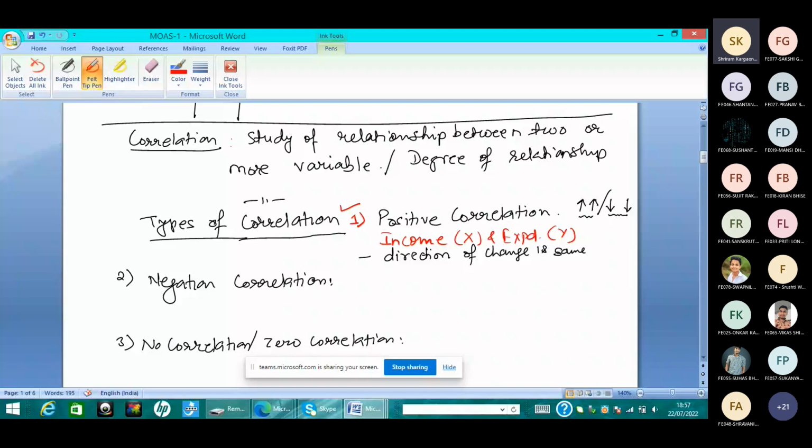If you do not advertise your product, you will not get proper sales. Both are changing in the same direction. So positive correlation means the direction of change is the same, either both increase or both decrease.